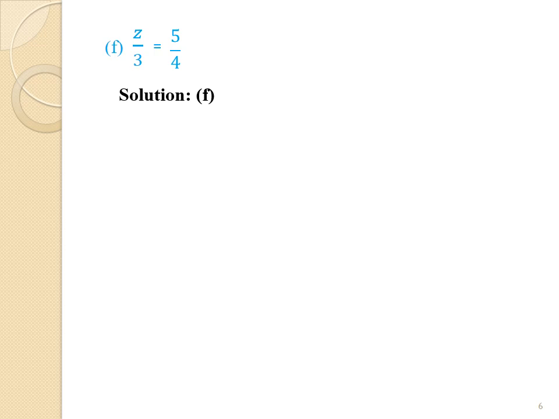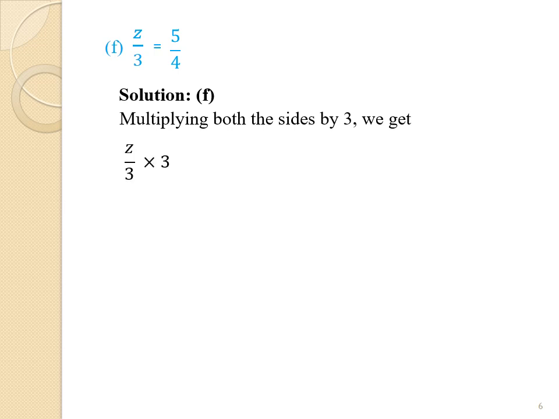Multiplying both the sides by 3, we get Z upon 3 multiplied by 3 equals to 5 upon 4 multiplied by 3. Students, in the second step, we have to cut the common 3 and we have to multiply numerator 5 by 3, keeping the denominator 4 as it is.